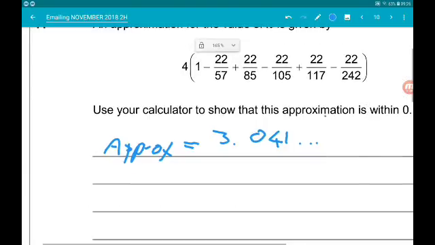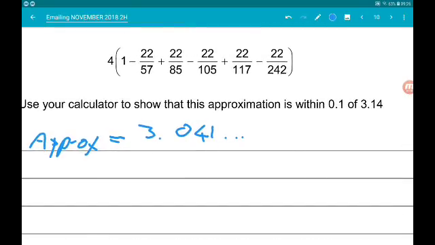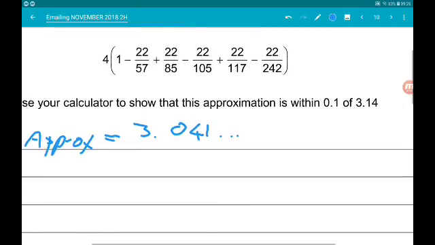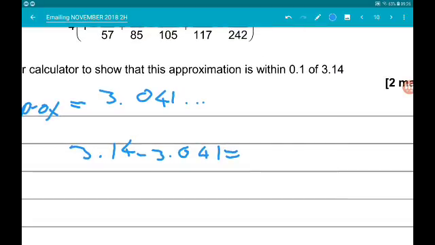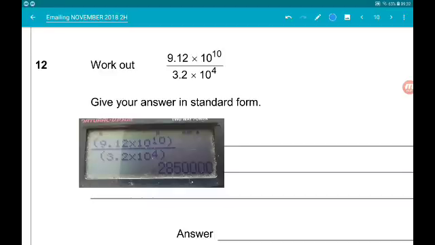Now if we want to show that is within 0.1 of 3.14, all that we do is 3.14 minus 3.041, and that gives us 0.099.